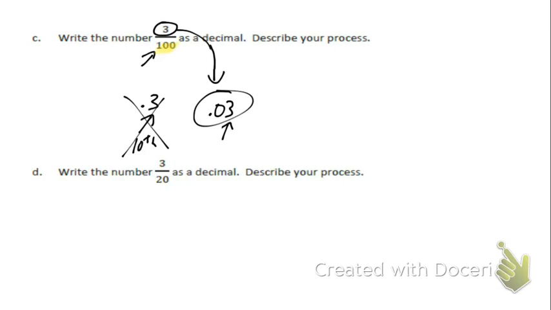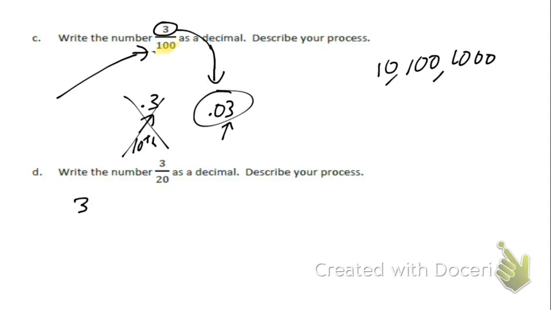However, it's only that easy if your denominator was something like 100. If it was like 10, 100, 1,000, those are bases of 10. If they're like that, then it's pretty easy to turn into a decimal. But if you look at the second one, I got 3/20.